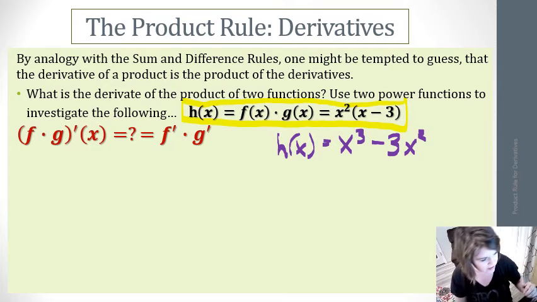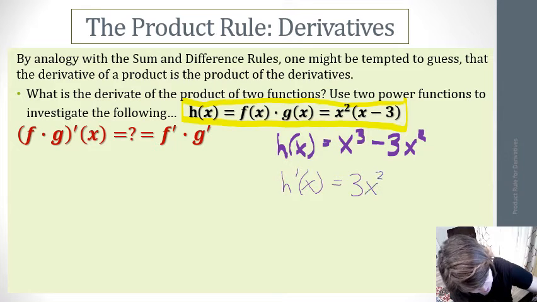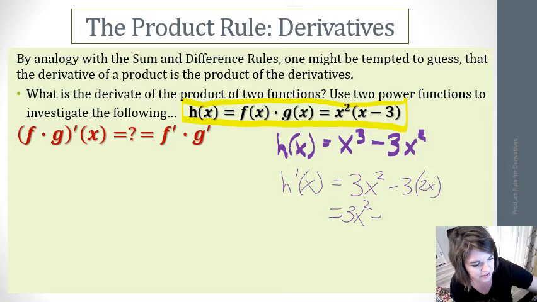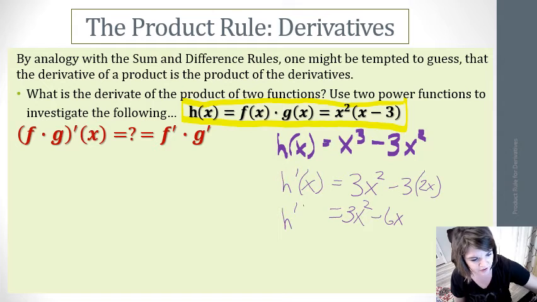And then to find the derivative, we would take the derivative, which would be 3x squared minus 3 times 2x. So we get 3x squared minus 6x. Okay. But here's the thing. What if there was a faster way?